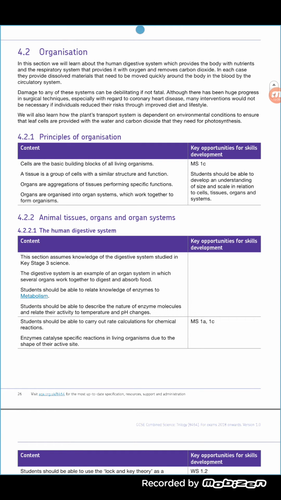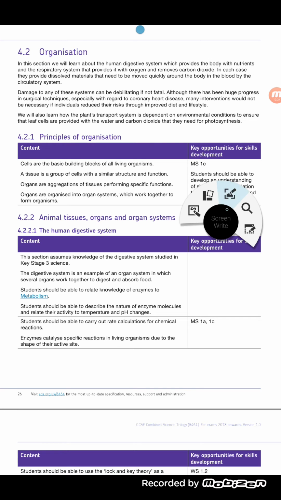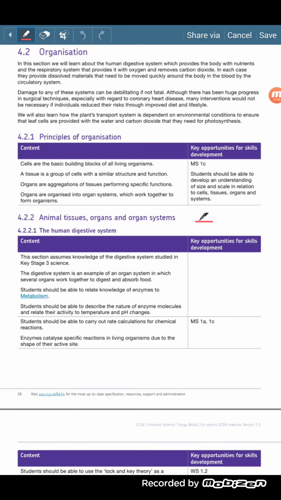We then moved on to organisation. Very, very quickly and very easily, we have the order of the way that organisms are arranged, and we can see here that we just need to know about cells, so we could actually put the cells here, going on to tissues, organs, organ system, and lastly organisms.